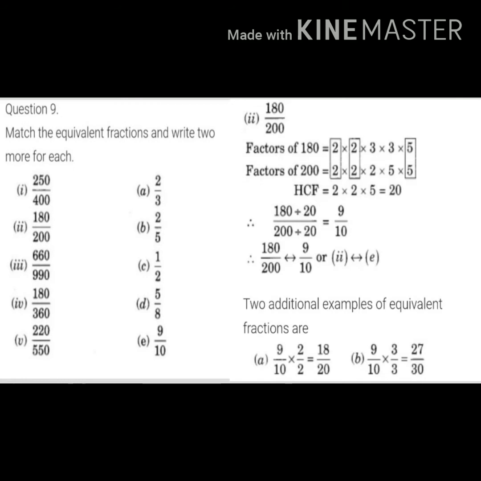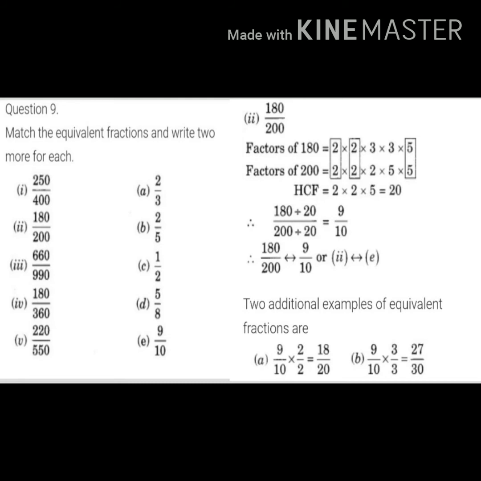Second part, 180 divided by 200. Firstly, we will convert it into simplest form. For this, we will find the HCF, that is 20. Now we will divide 180 and 200 by this HCF, that is 20, and we will get 9 upon 10 as the simplest form of 180 divided by 200. That is equals to E part of the second column.